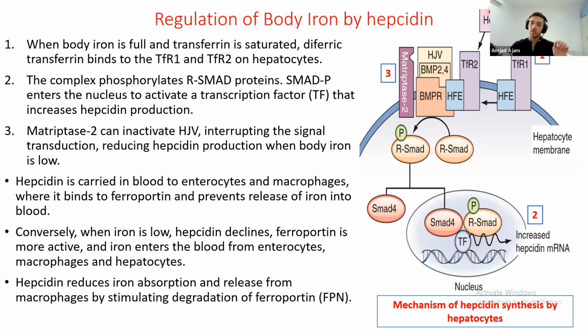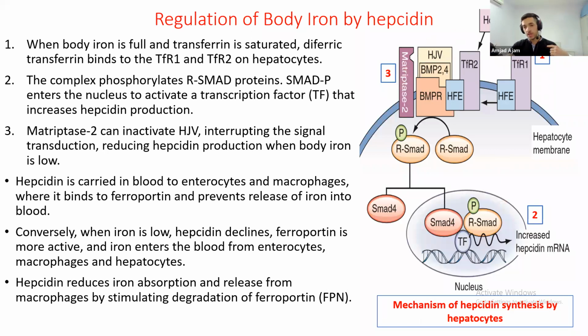So when we have a lot of iron, when we have holotransferrin, which is transferrin bound to iron, all this process will occur in order to increase hepcidin. Or when we don't have a lot of iron, the matriptase will come in order to decrease the production of hepcidin. So basically, we have a balance between holotransferrin and matriptase.